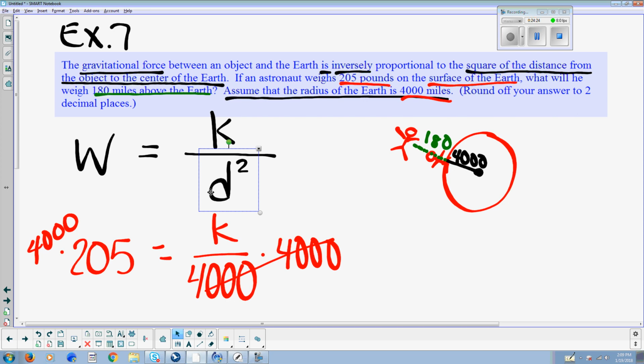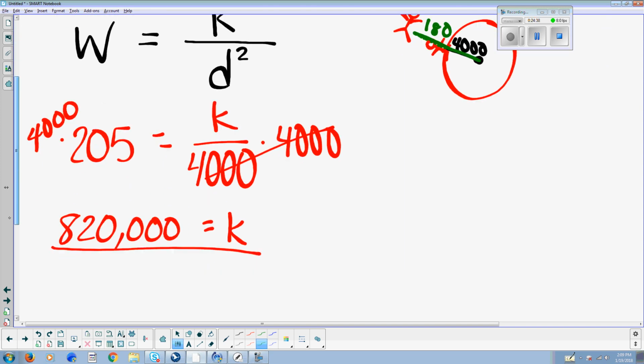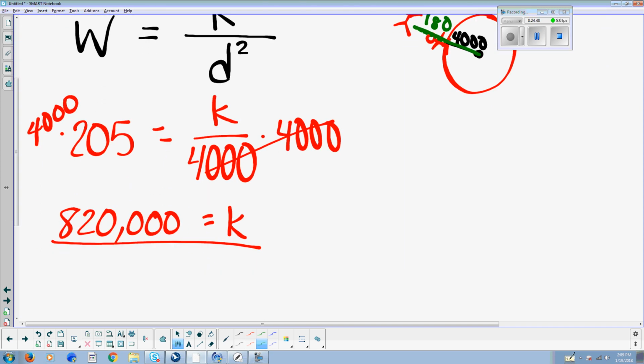Our distance is going to be this total, 180 plus 4,000. So the distance is 4,180. So we'll say, what will his weight be if his distance is 4,180, and the constant of variation was 820,000.